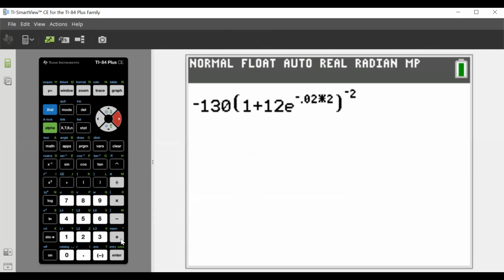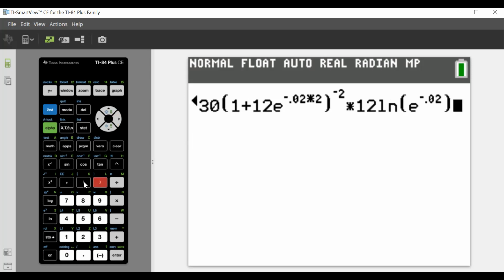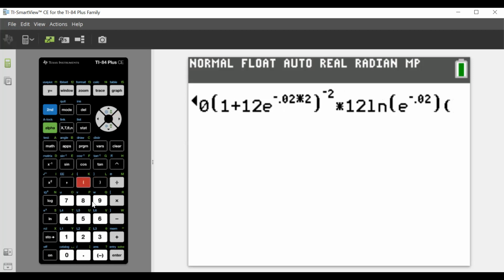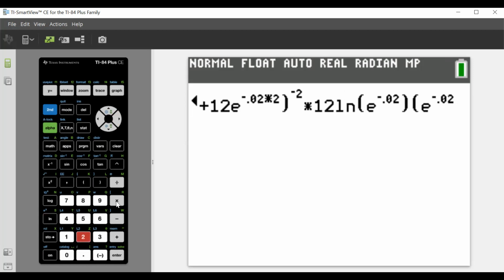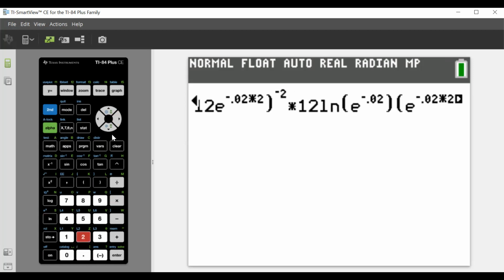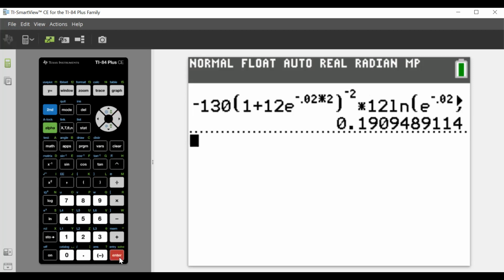And then I had the other part of the derivative, so then it was times 12, then I had ln of e to the negative 0.02, arrow down in parentheses, and then times, and then I had e to the negative 0.02 times 2, arrow down in parentheses, and I'm hoping I have everything correct.